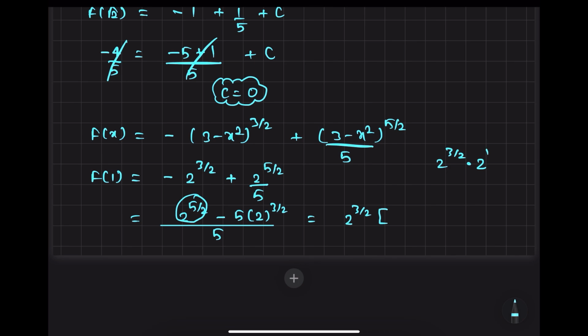So you can write 2 minus 5 by 5. So this thing will become minus 3 into 2 into 2 power 1 by 2 by 5. So this will become minus 6 times 2 power 1 by 2 by 5.